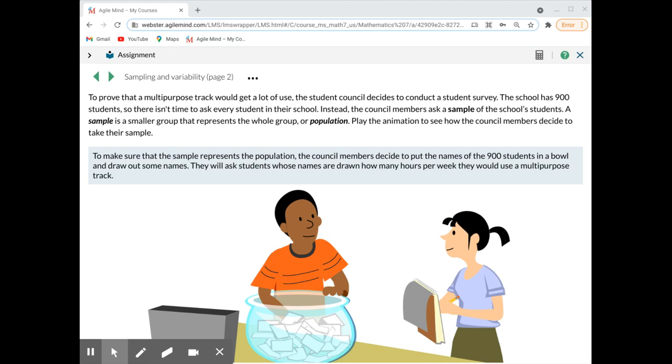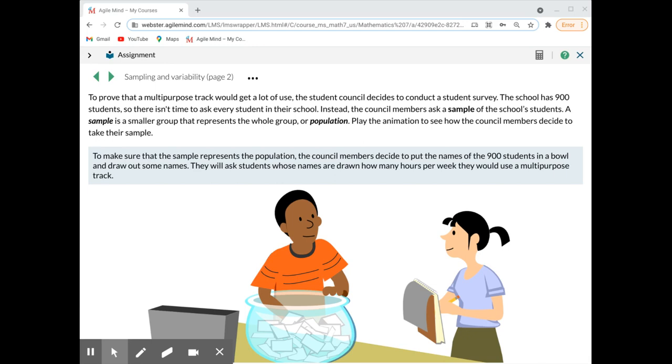Correct, because it was dealing with just those kids in the English class and they were only in one grade, right? And so what ended up being a simple random sample? The fishbowl. When they put all 900 students in there and they picked out a certain number of random ones, right?